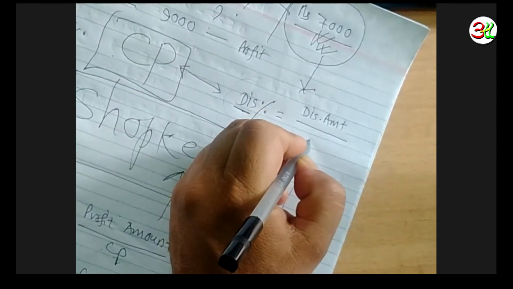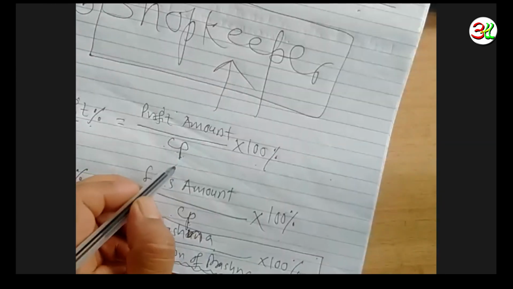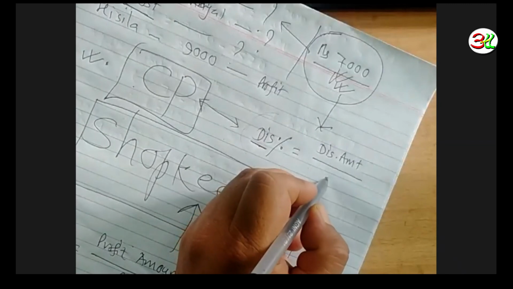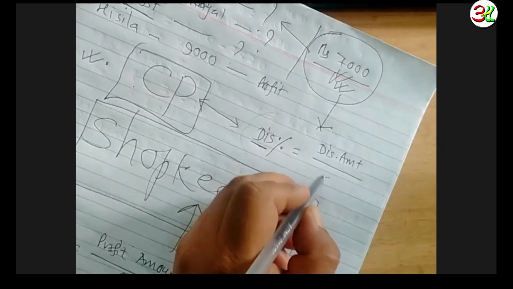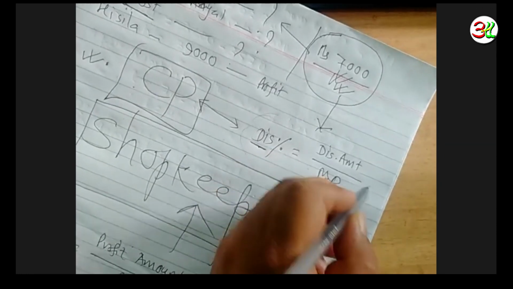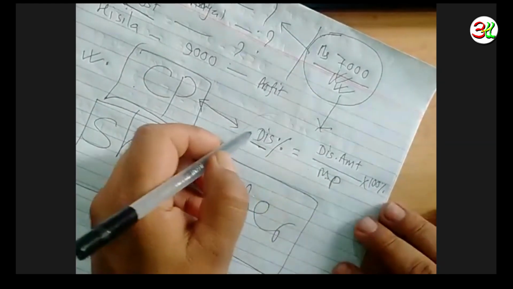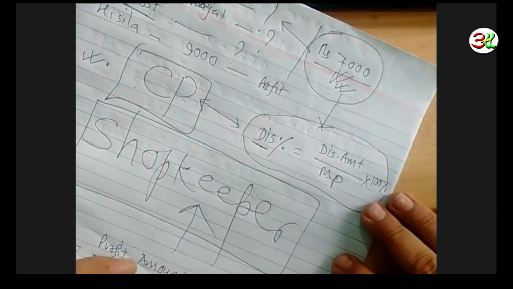Why not selling price or cost price? In profit and loss, it was divided by cost price. Why not here? Because discount is related to marked price. So if you know this concept, you need not learn the formula.